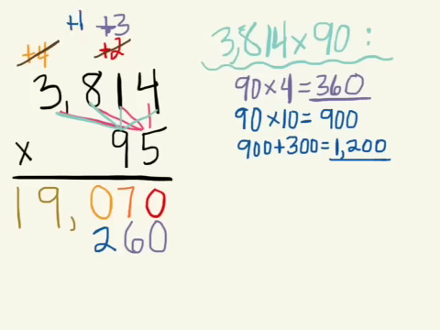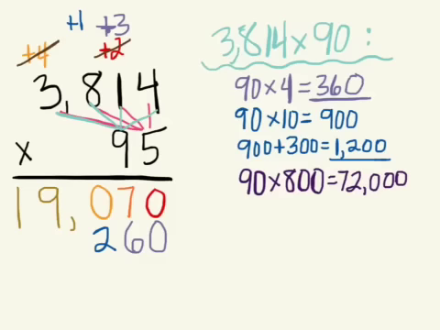Now I'm going to keep that up high so that this second step of distributing with all the 90s, they're all in a line. Again, in case I made a mistake and I need to go back. So my next step now is 90 times 800. Which, if we cheat with zeros, 9 times 8 is 72, and I've got 1, 2, 3 zeros in my factors, so 1, 2, 3 zeros get placed in the product.